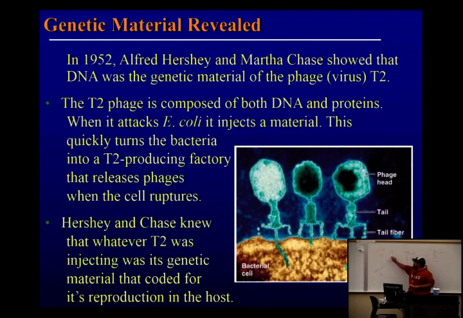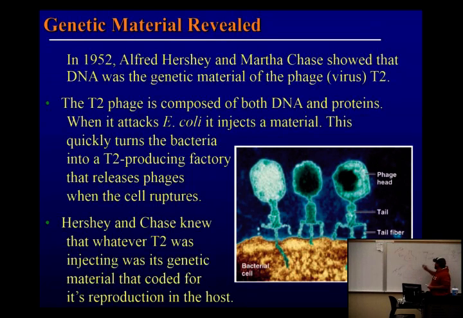So if the viruses were injecting radioactive material, P32, inside the bacteria, and the DNA was the genetic material, what would be radioactive, the pellet or the supernatant?